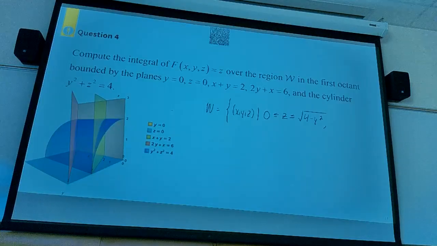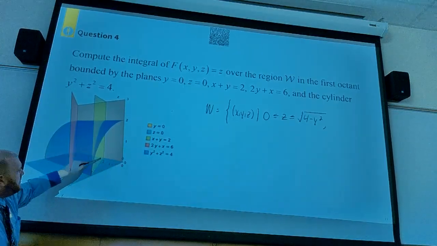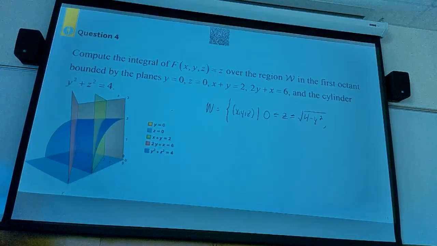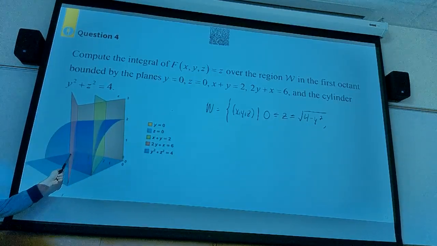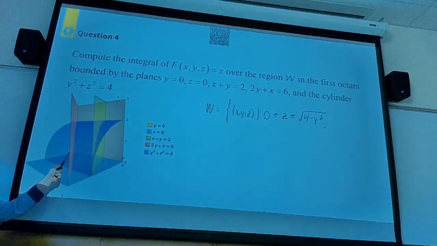So that was relatively simple. This is the x-axis. That might actually be the second easiest one to describe, because that's just going between two planes, the green plane and the red plane.